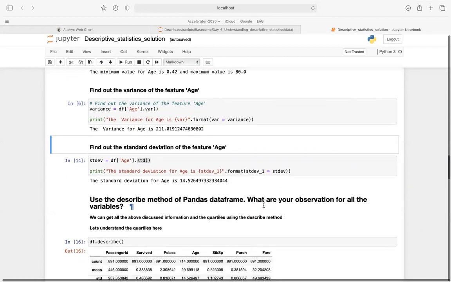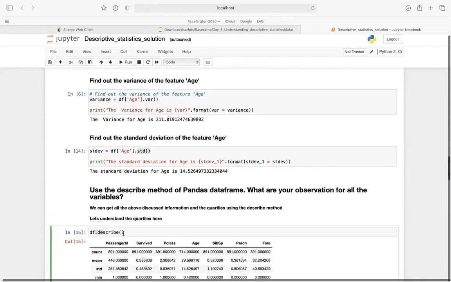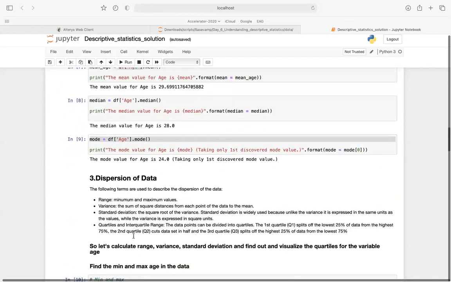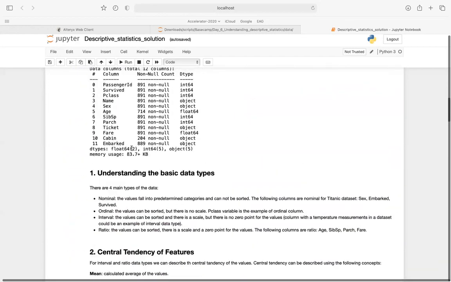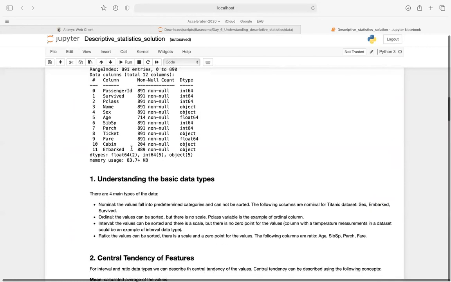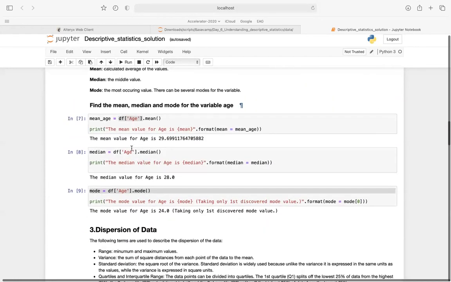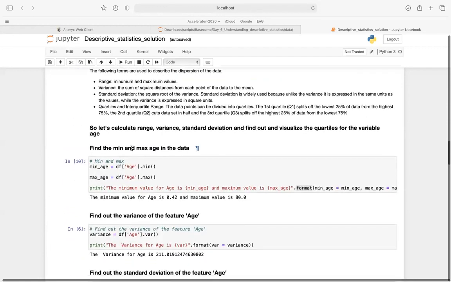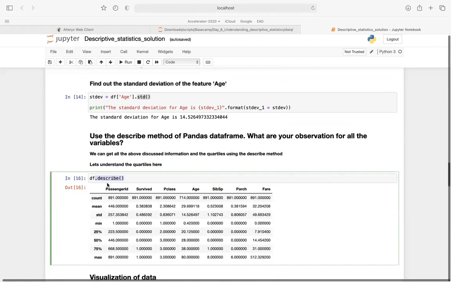Right. So there is a wonderful method in pandas data frame called dot describe. The way we use dot info to get the fundamental information about my data frame, similar to that, if I want to get statistical information about my data frame, I can simply use the dot describe method.